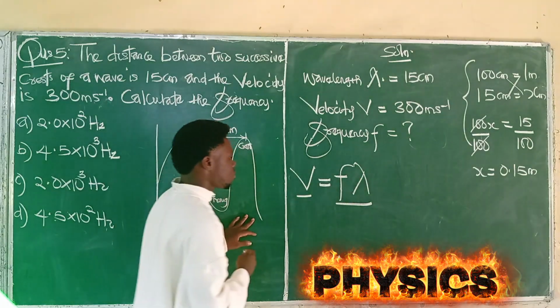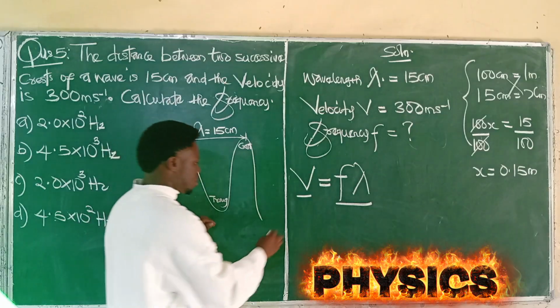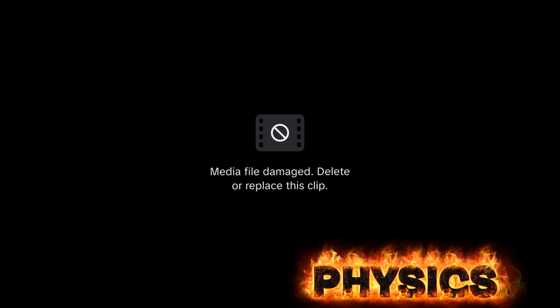So to make f the subject, we divide by the wavelength, which is 0.15. 300 divided by 0.15 gives 2000 hertz. In the options, the answers are written in exponents.